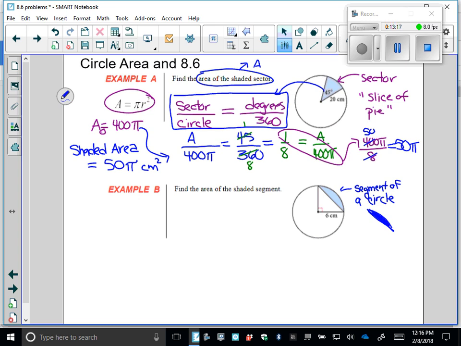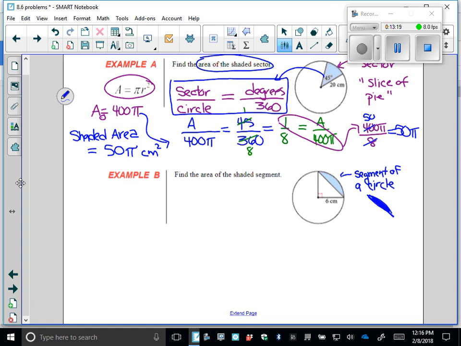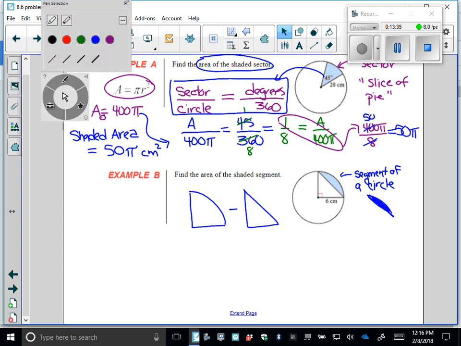To find a segment, it's always associated with the triangle, so we just want to take that sector and subtract out this triangle, and then you would be left with this segment that is right here.